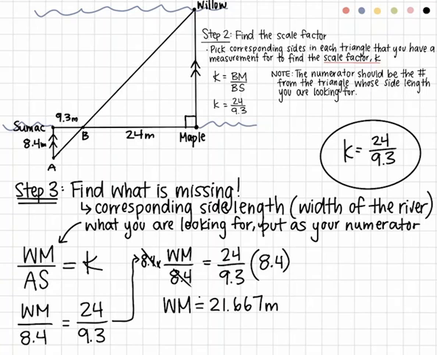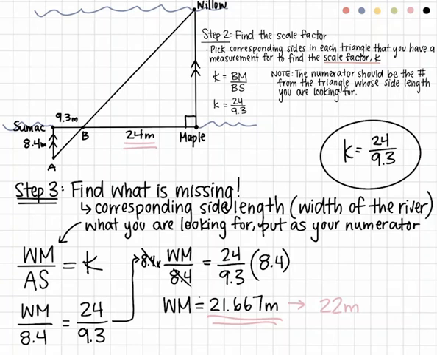Now, when you're writing your final answer for the missing side length, you need to look at the side lengths you've been given already. If you notice over here, let me use pink. This side length is written as 24. This side length, written as 21.667, is not really matching the measurements that are in the triangle already. So what we want to do is rewrite it so that it matches the measurements in its corresponding triangle. So what we would actually write this as is 22 meters, right?